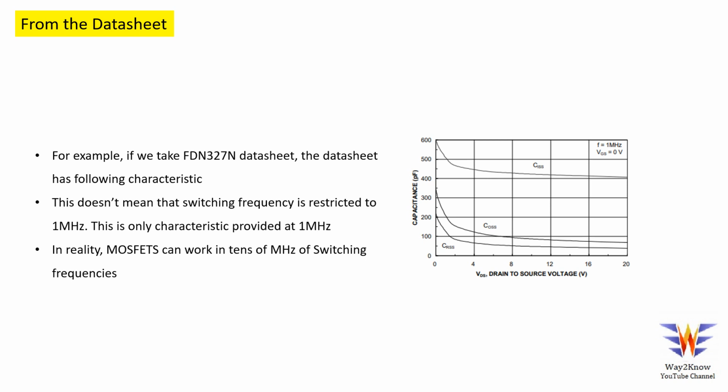For example, if you take the FDN327 data sheet, this is a graph which shows VDS versus capacitance, and this is provided at a frequency of 1 megahertz. Some engineers might be confused and take the input that this MOSFET can be used only at this specific frequency, but actually this is given as a characteristic at a specific frequency when there is no VGS input.